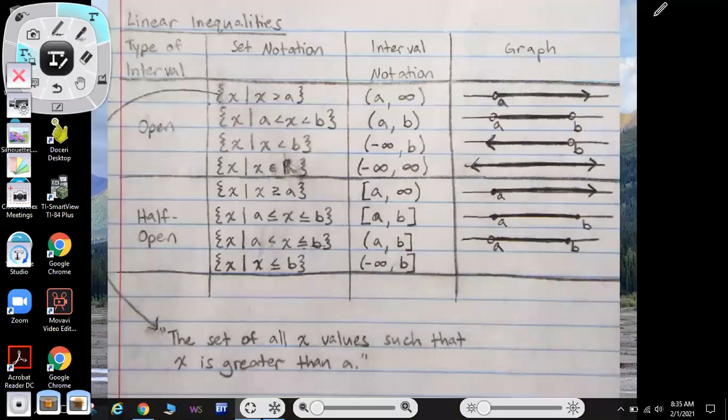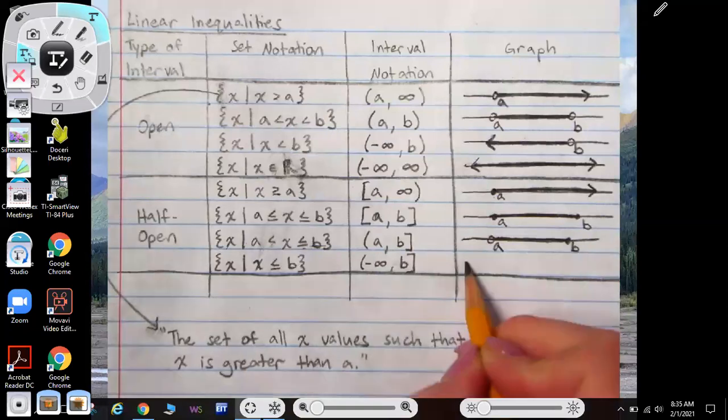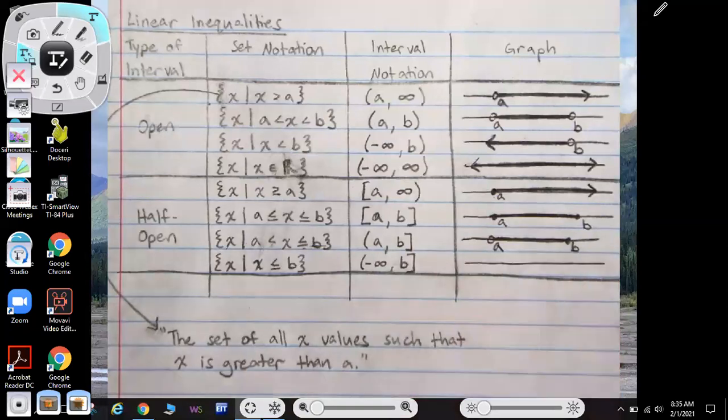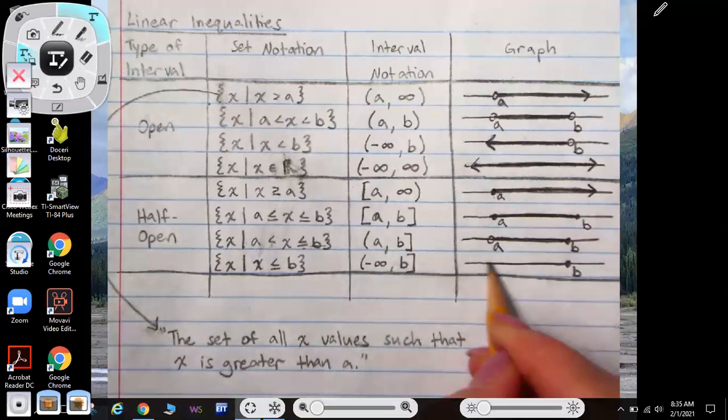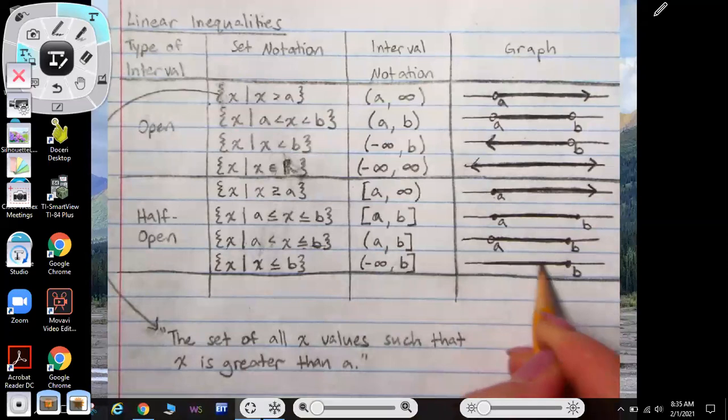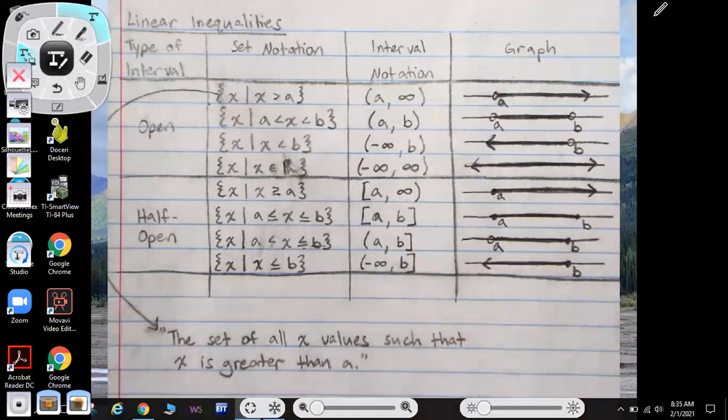So we use a square bracket in our interval notation and a closed circle on our graph. So closed circle at b, x is less than or equal to b, so we shade the left side of the line. Draw an arrow to show that we're going all the way to negative infinity.